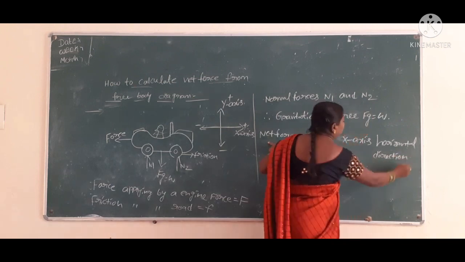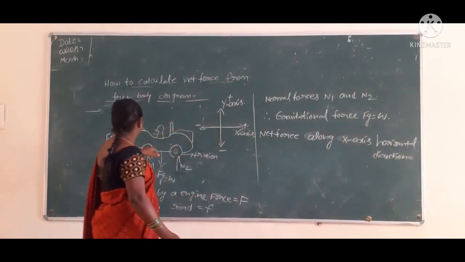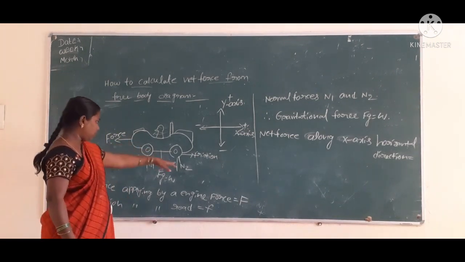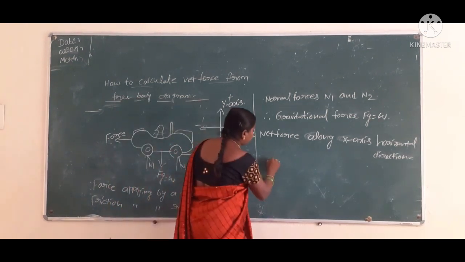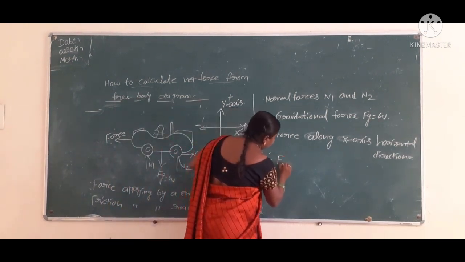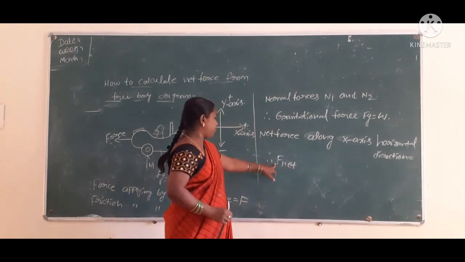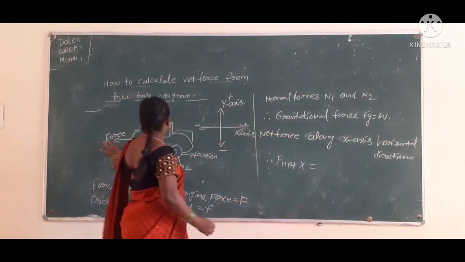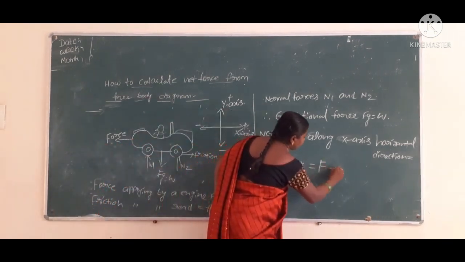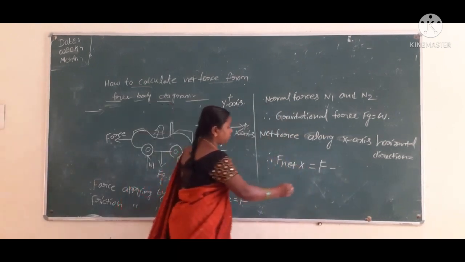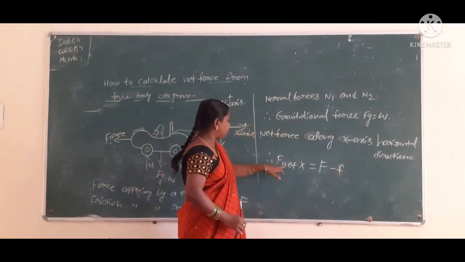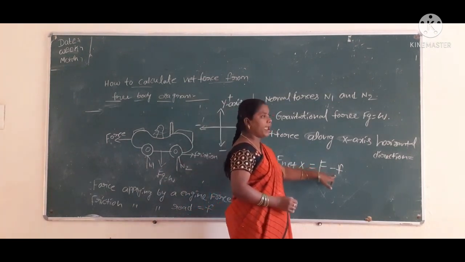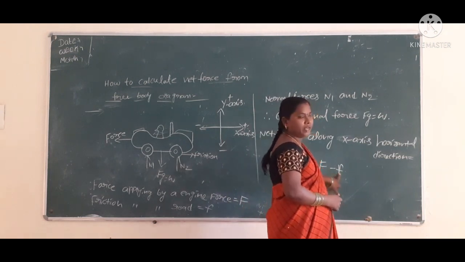In the horizontal direction, the forces acting are the applied force and friction. Therefore Fnet x is equal to capital F minus small f, that is, force minus friction.